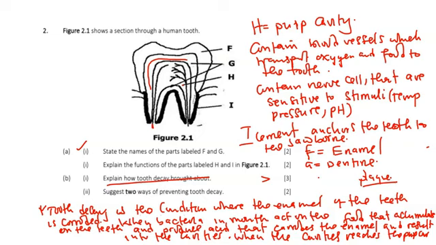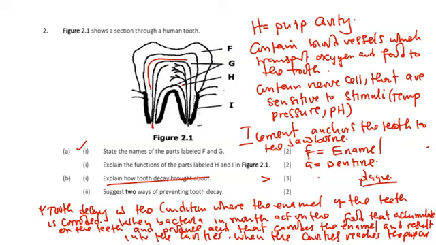Or in other contexts, we can say tooth decay is brought about when food sticks in the mouth for a long time and forms a plaque, which the bacteria feed on and respire anaerobically, producing an organic acid. The acid dissolves the enamel of the tooth, forming a cavity.